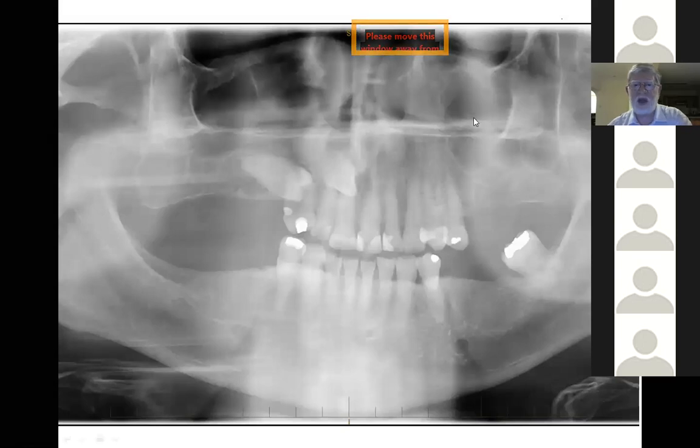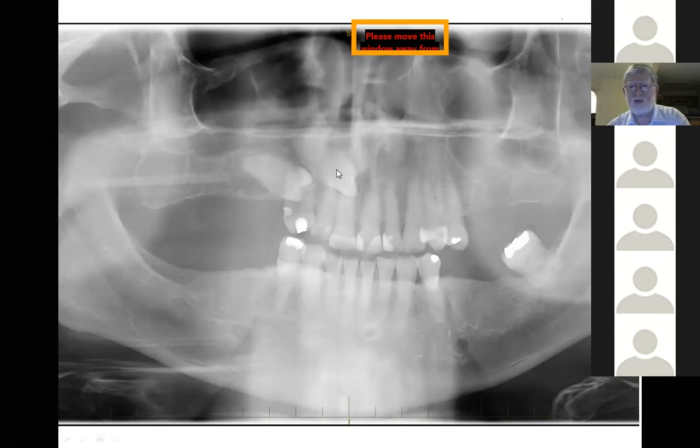Okay, a couple of impacted teeth. We're looking at 1, 1, 1, 1, 2. What tooth do you think that is? What number? So this one here, being tooth number... Very good, 1, 4.